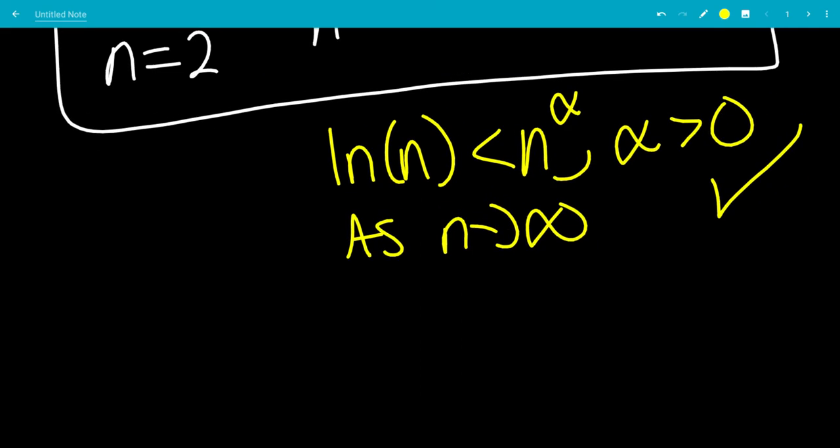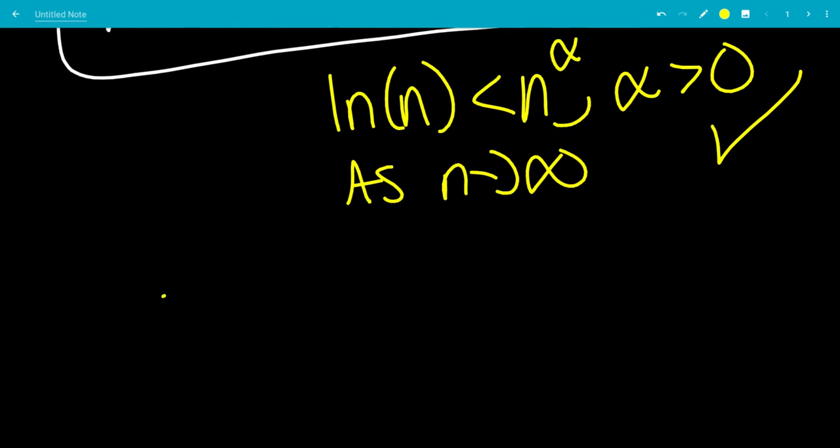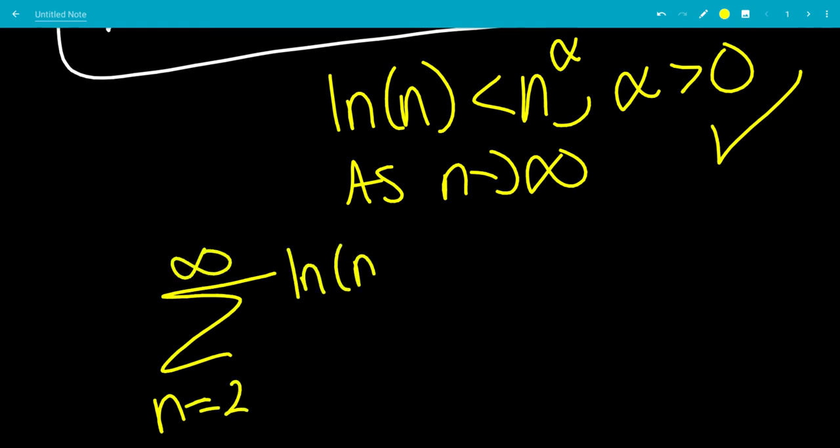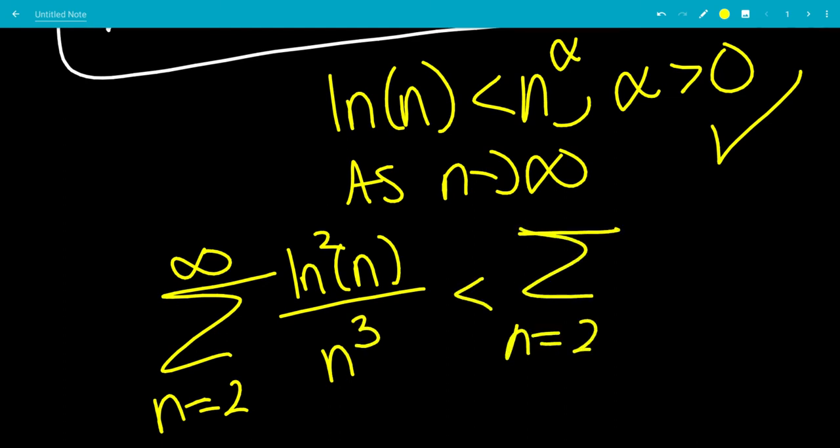Okay, so let's plug this in. The original sum from n equals 2 to infinity of (ln n) squared all over n cubed is less than the sum from n equals 2 to infinity where we replace both ln n's with n to the a.